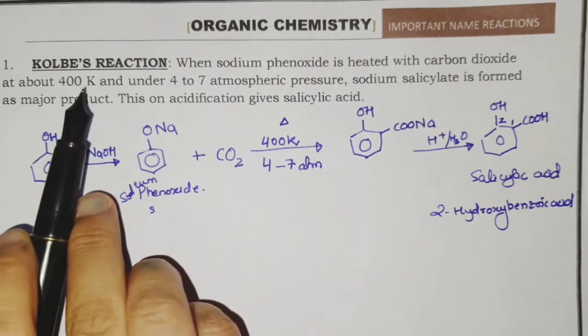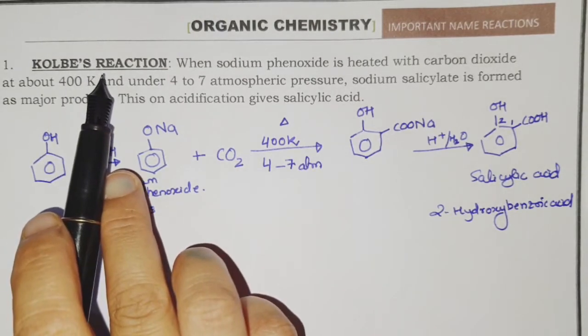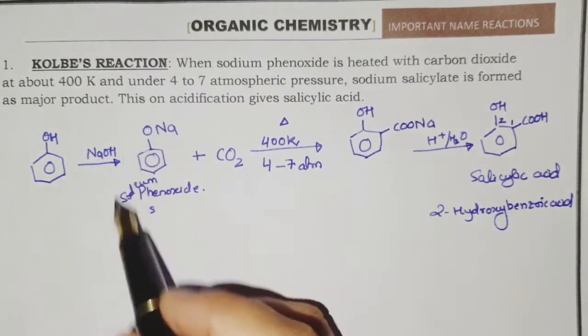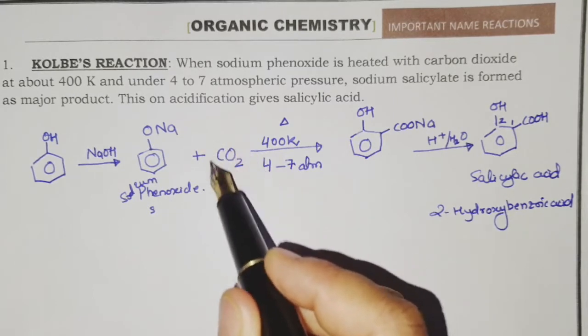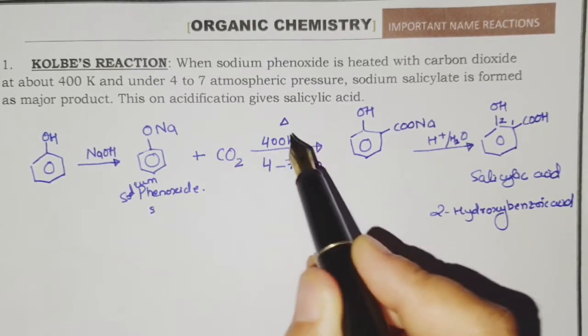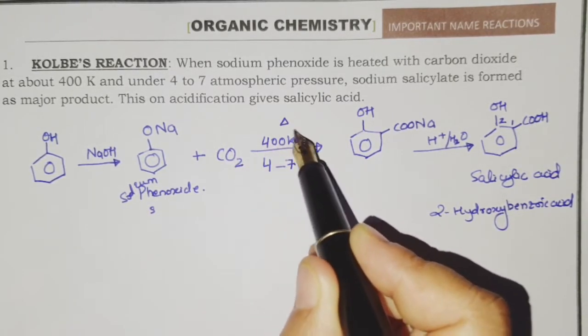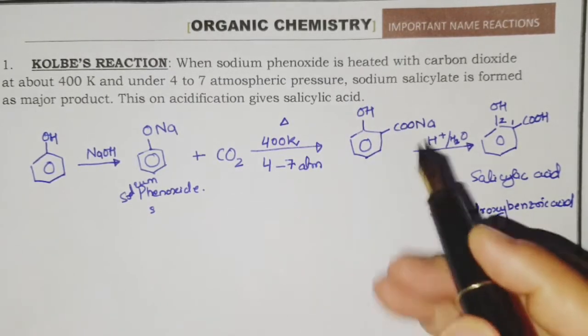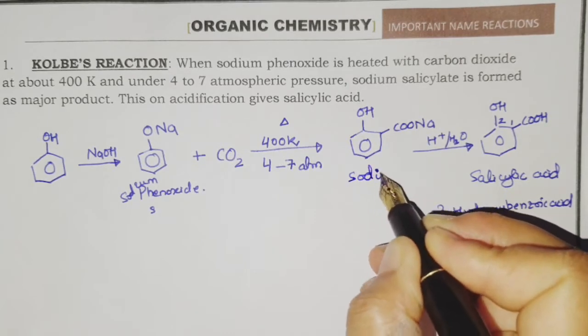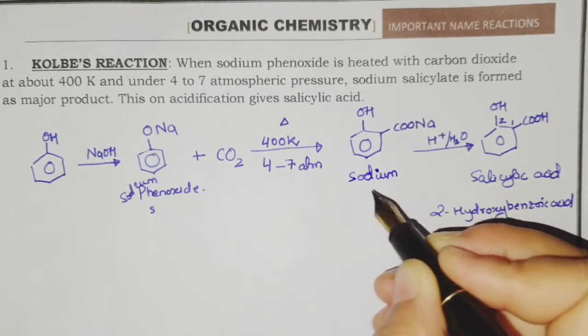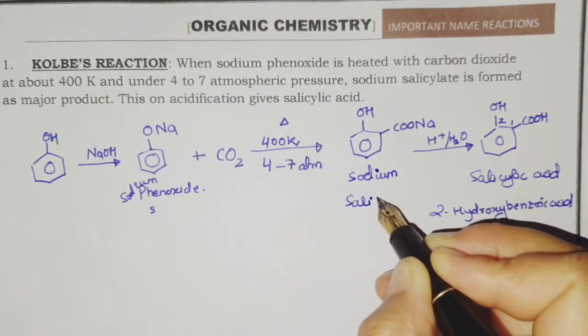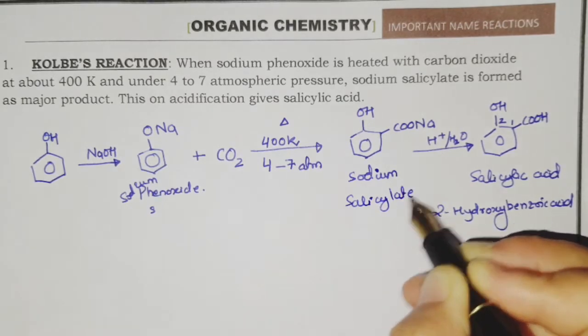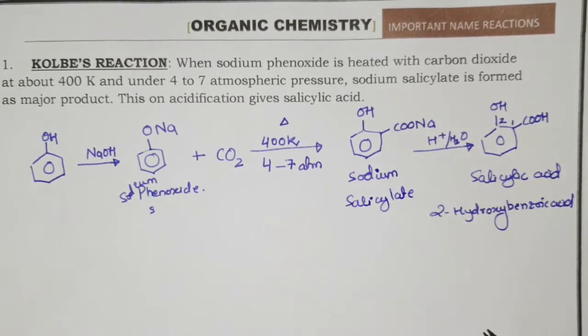Again, what happens in Kolbe's reaction is that sodium phenoxide on heating with carbon dioxide at temperature 400 Kelvin and pressure 4 to 7 atmosphere gives sodium salicylate, and this upon hydrolysis gives salicylic acid as a product.